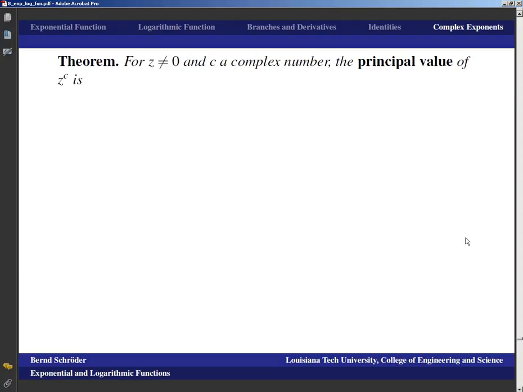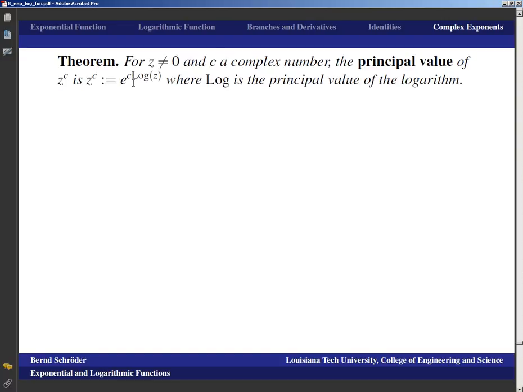Also for non-zero complex numbers z and complex exponents c, the principal value of z to the c is e to the c times the principal value of the logarithm of z. So that also is very consistent and reasonable: to get the principal value of the power, we use the principal value of the logarithm.